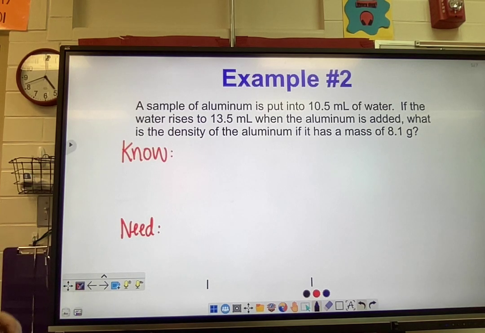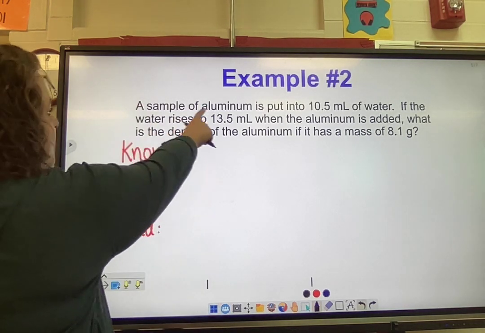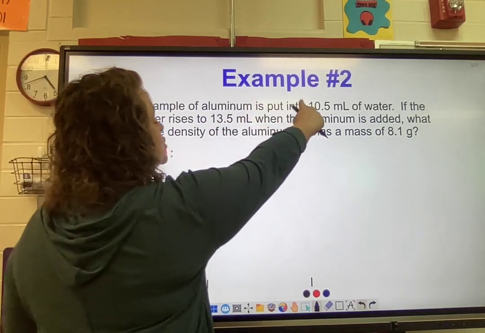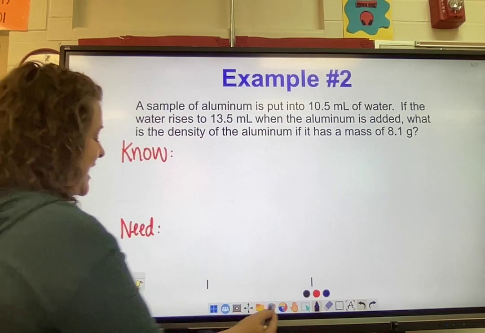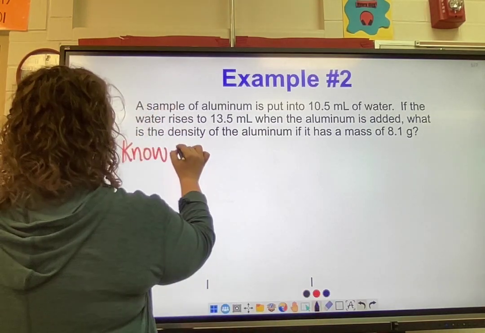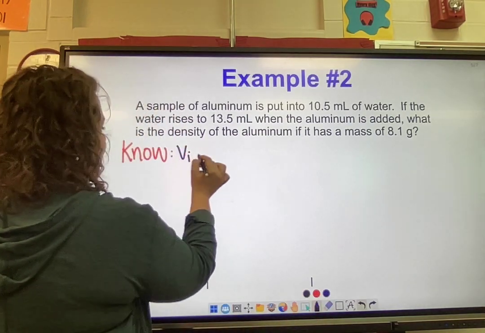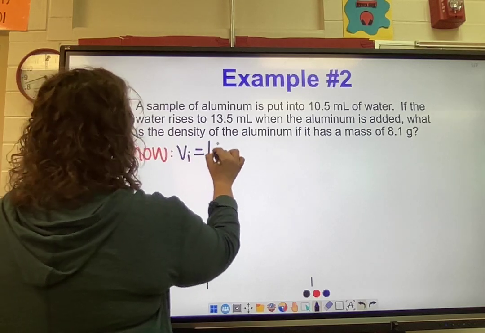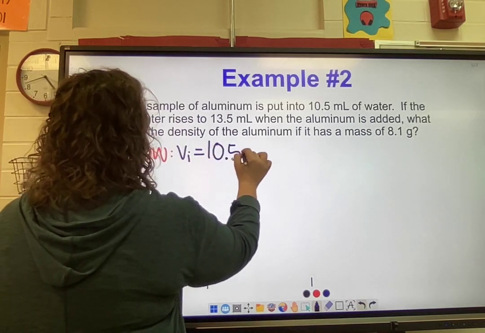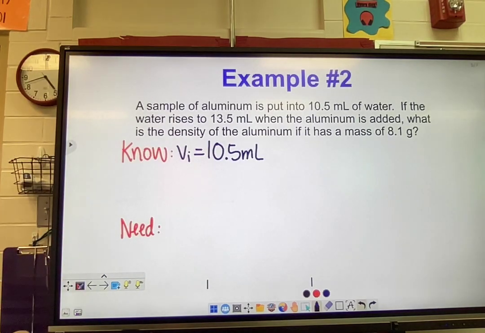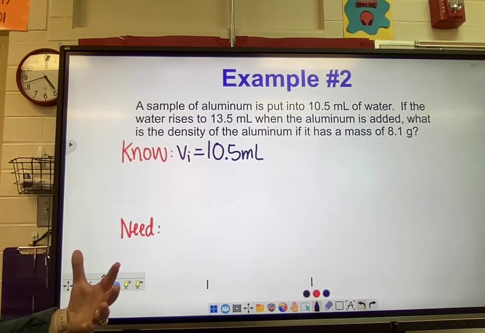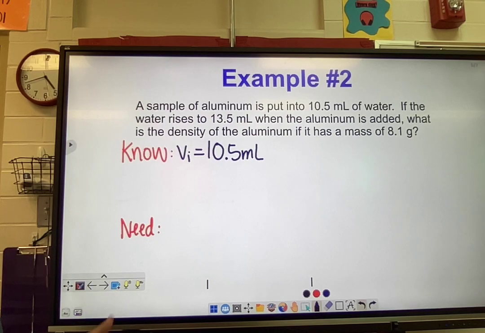So the very first thing that it says is a sample of aluminum is put into 10.5 milliliters of water. So that means I know that my initial volume, my V sub I, was 10.5 milliliters. Then the next thing it says, if the water rises to 13.5 milliliters.